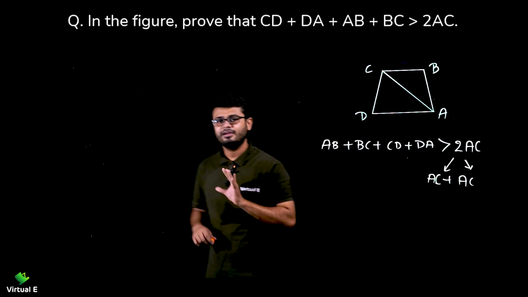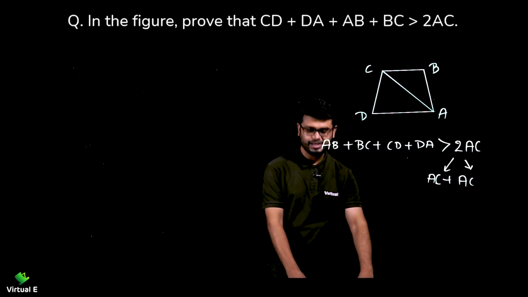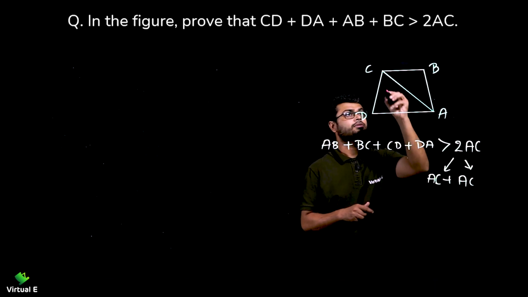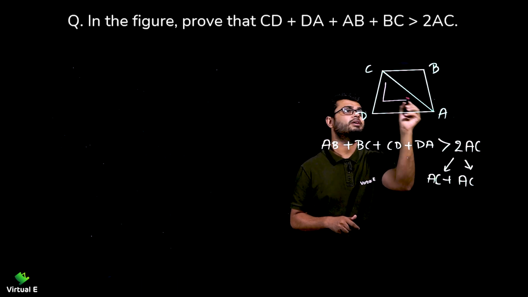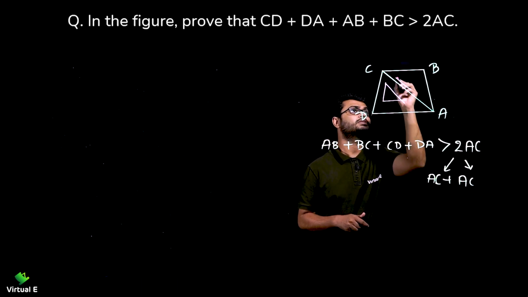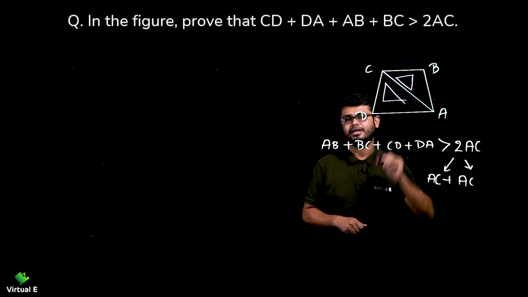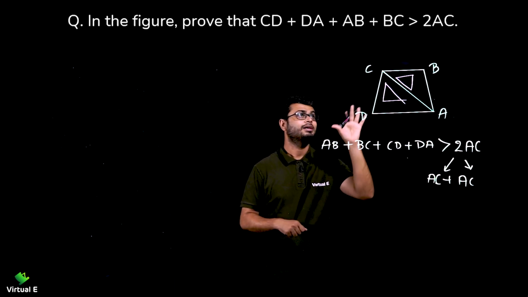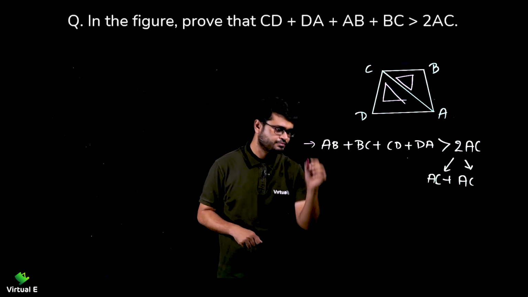So here as well we are going to divide into two triangles like we did previously. So clearly we can say this is one triangle and this is the other triangle, right? So let's start with the conditions.